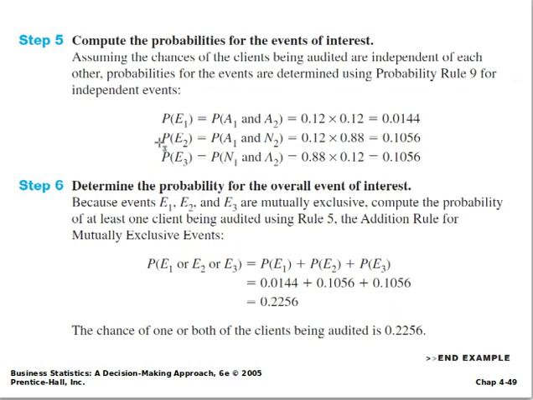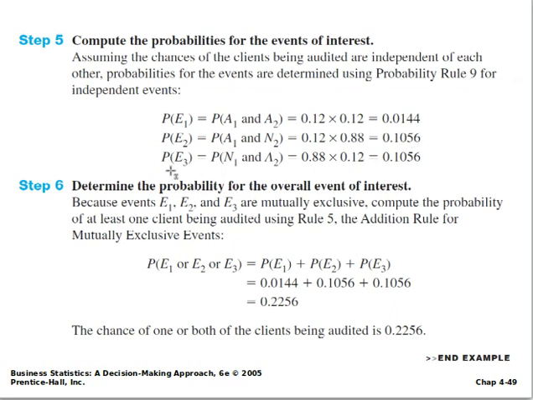For E2, the probability equals 0.12 times 0.88, which is 0.1056 or 10.56%.